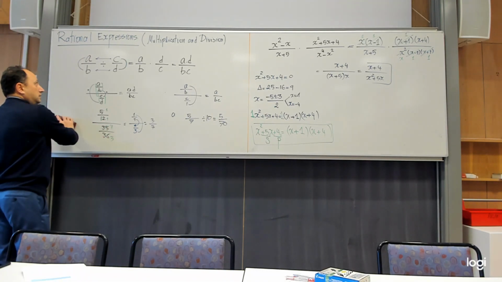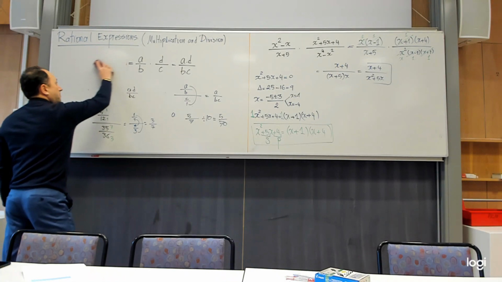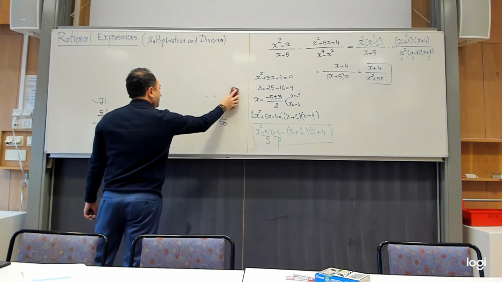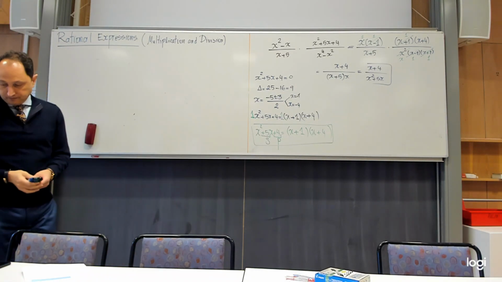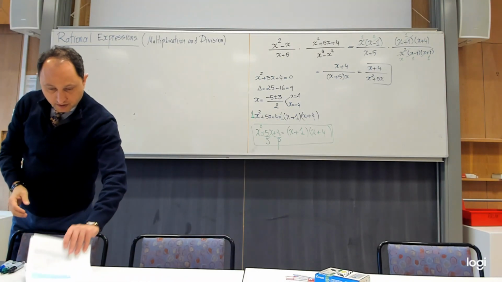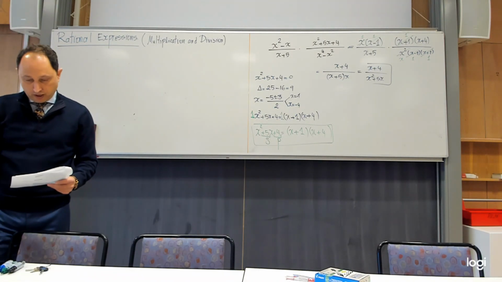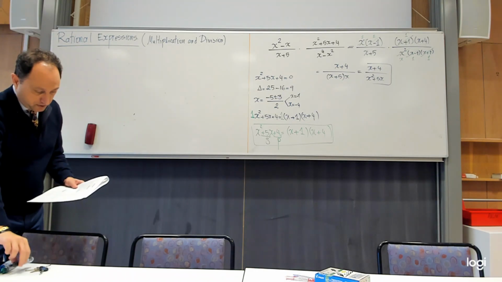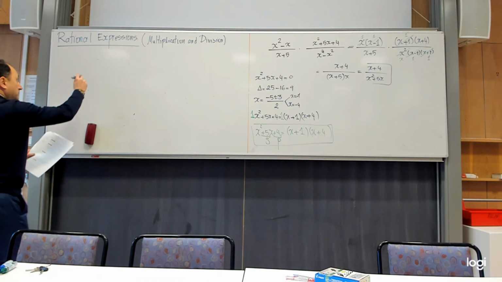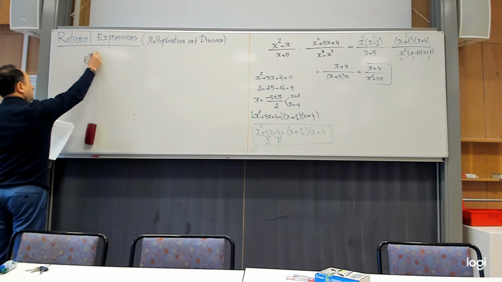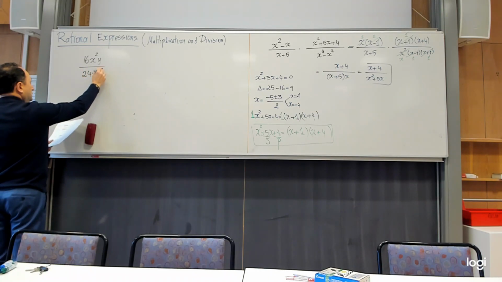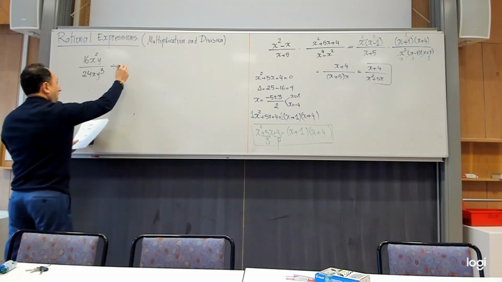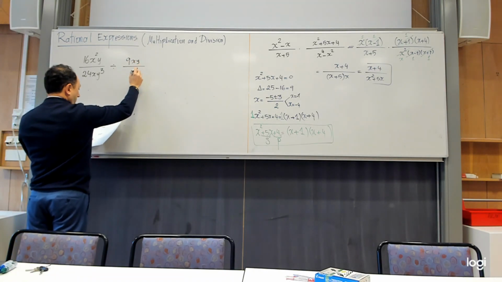Okay, so let me try to give you some examples. Let me write a very, very simple one first. 16x squared y divided by 24xy cubed, divided by 9xy divided by 8x squared y squared.